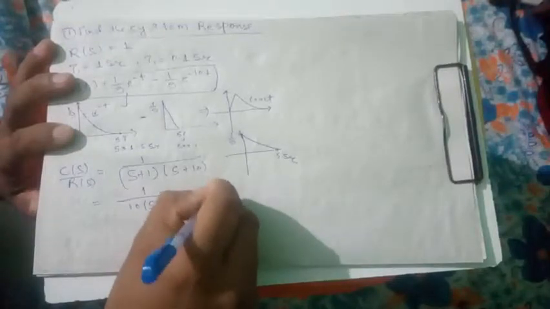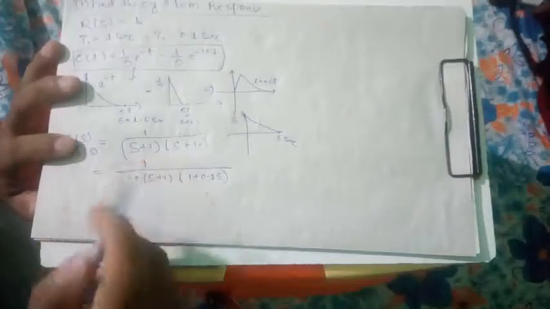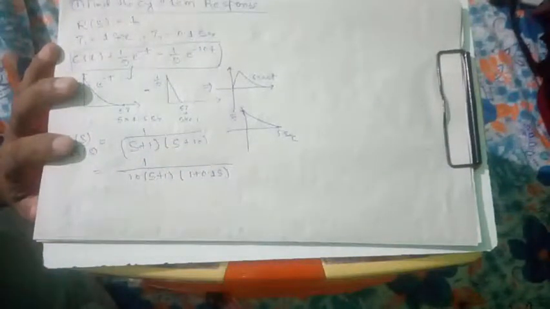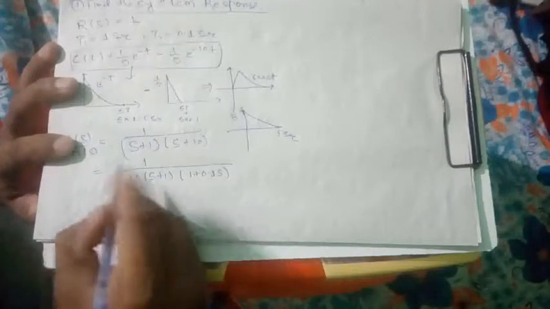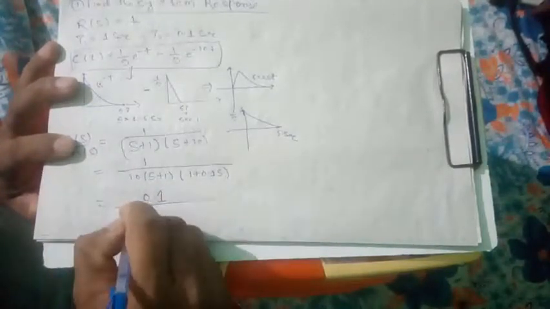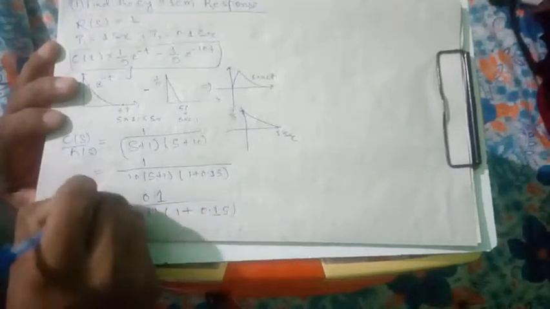We will convert it into time constant form. Taking 10 common, it becomes 0.1 by (s plus 1)(1 plus 0.1s).